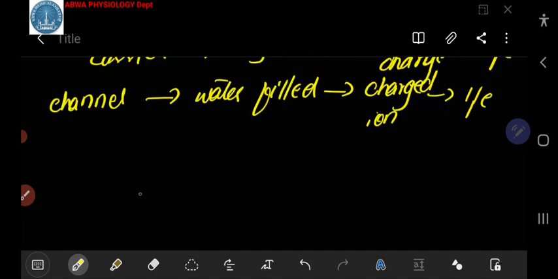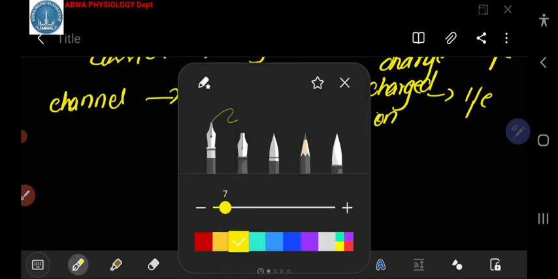So far we have read about simple diffusion and facilitated diffusion. So what is the main basic difference between simple diffusion and facilitated diffusion?